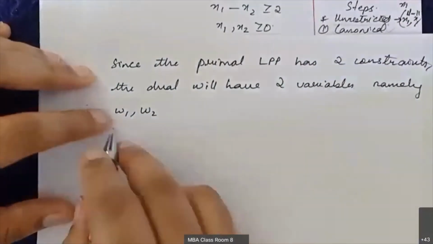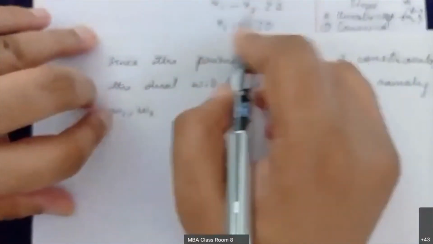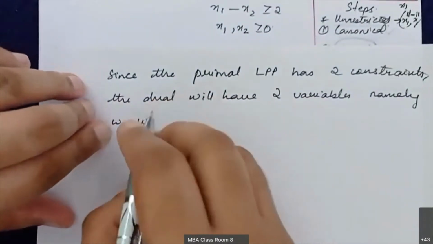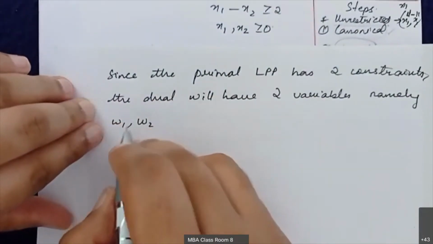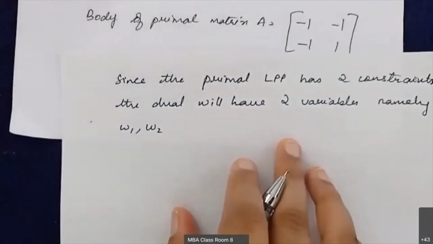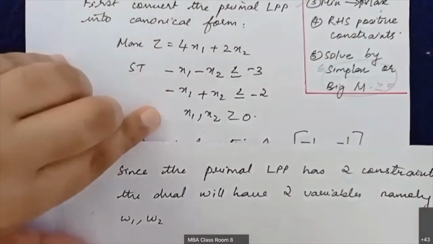You can even name these as Y1 and Y2, that is no problem. Since in the question it is all of the form X, you can even name it as Y1, Y2, no problem. But I am taking it as W1 and W2. So you have to take the canonical form over here, and then you will convert it into the dual.